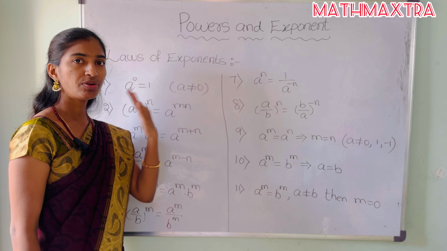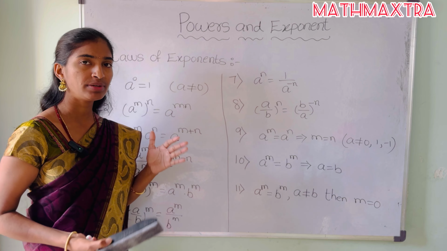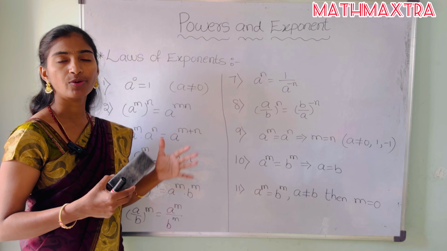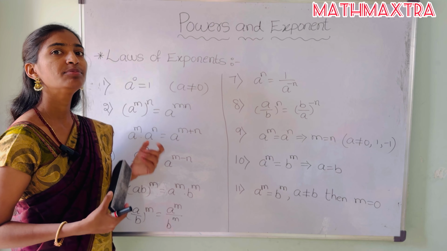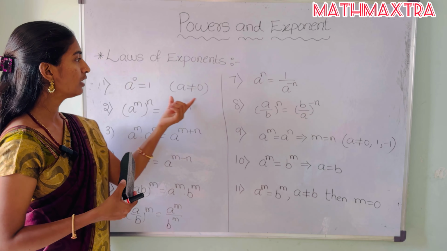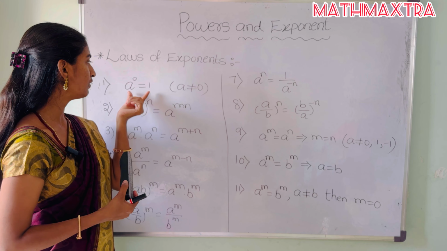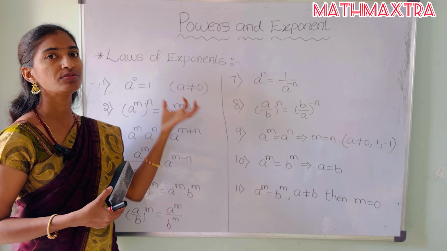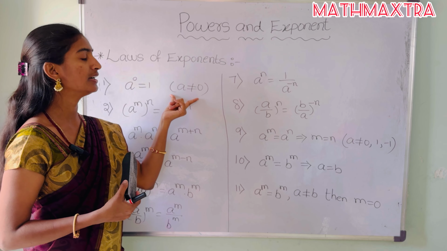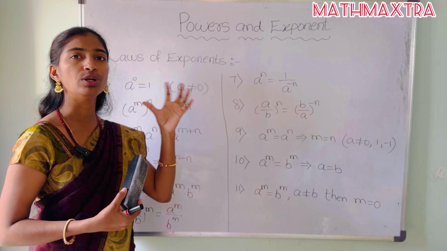Because 0 to the power of 0 is an indeterminate form, meaning we cannot determine its value. Then how will it be equal to 1? That is why whenever we consider a to the power of 0 equal to 1, we should write the condition that a should not be equal to 0.